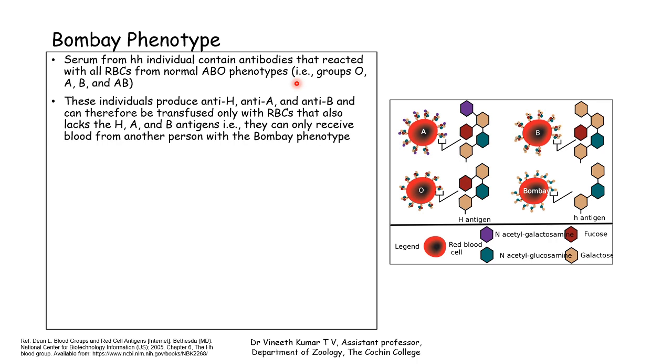It is a rare type, and it was the first report of such a type of blood group, which is called the Bombay phenotype, where the individuals do not have a complete H substance.